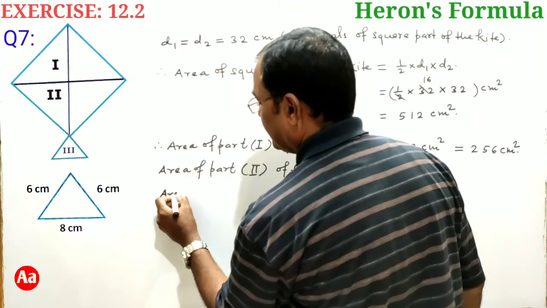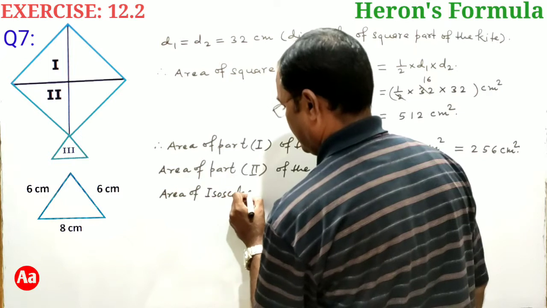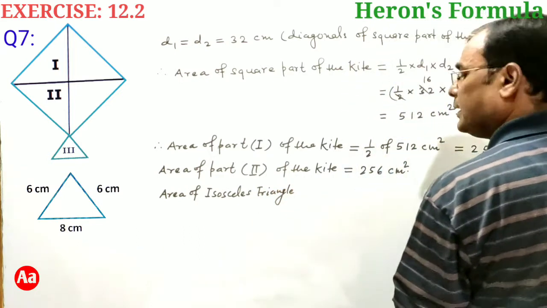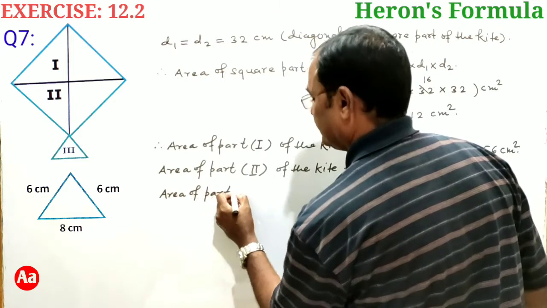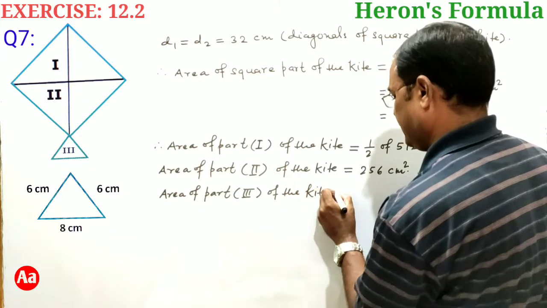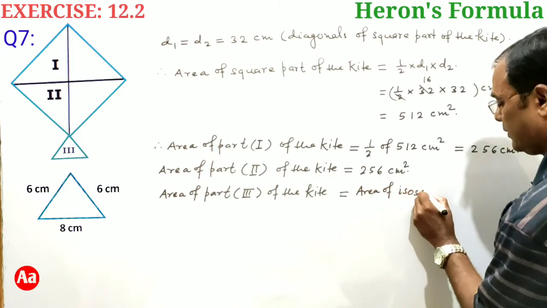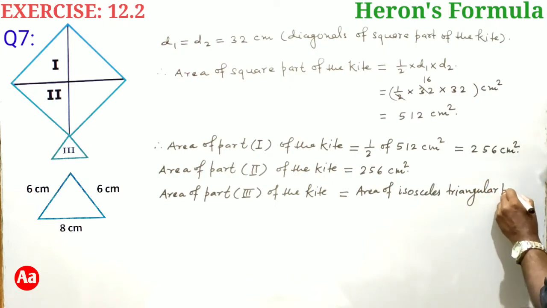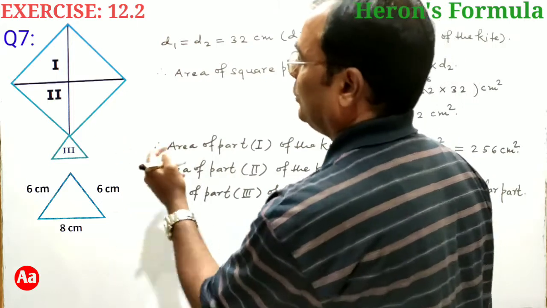So the area of part 3 of the kite is equal to the area of the isosceles triangular part of the kite.